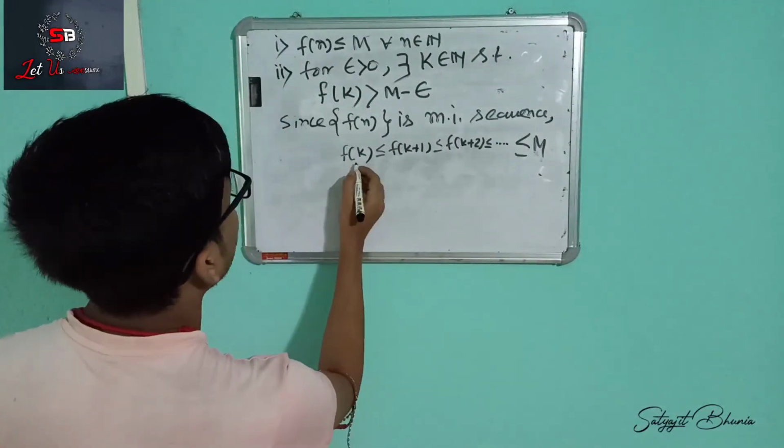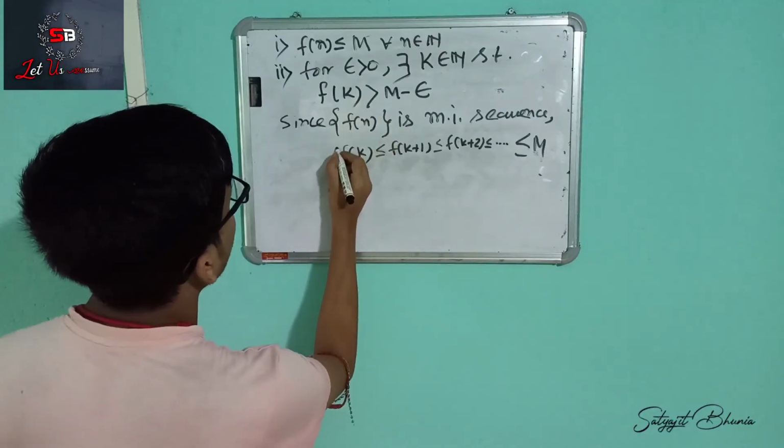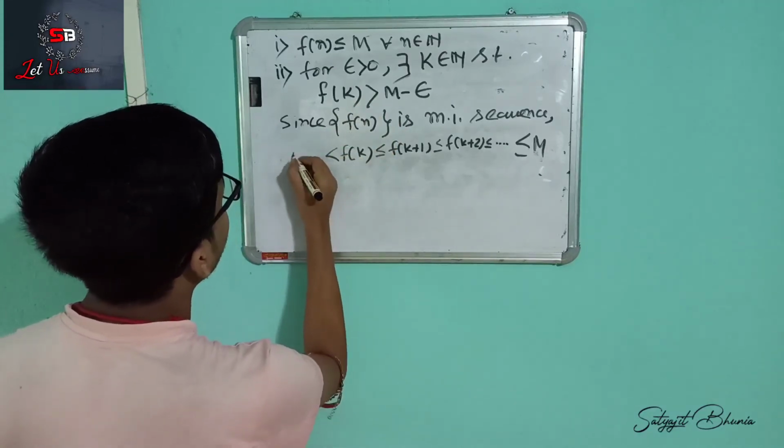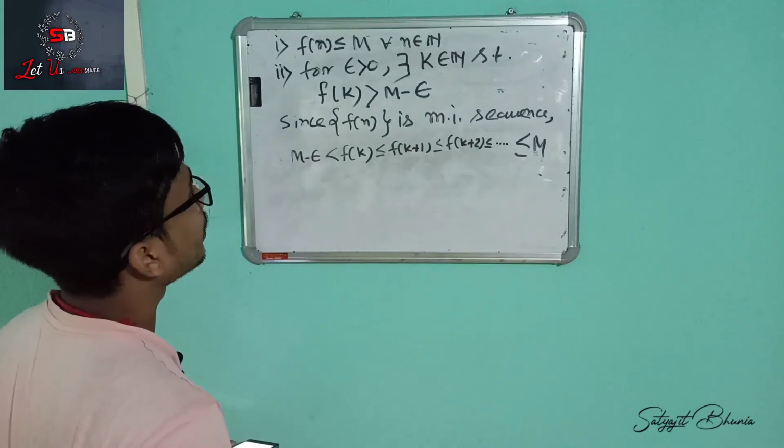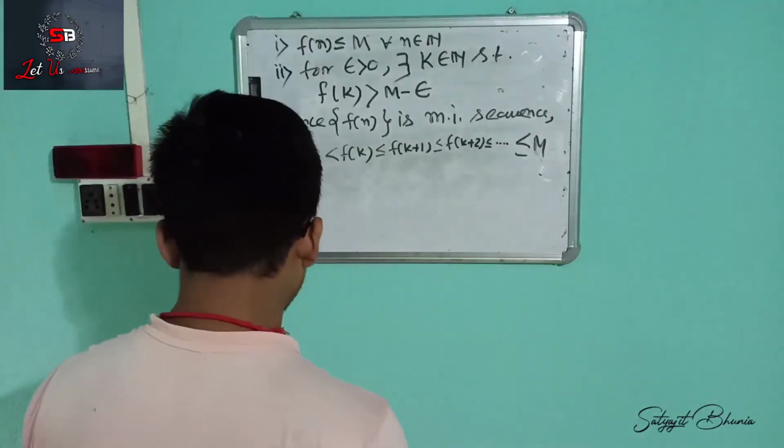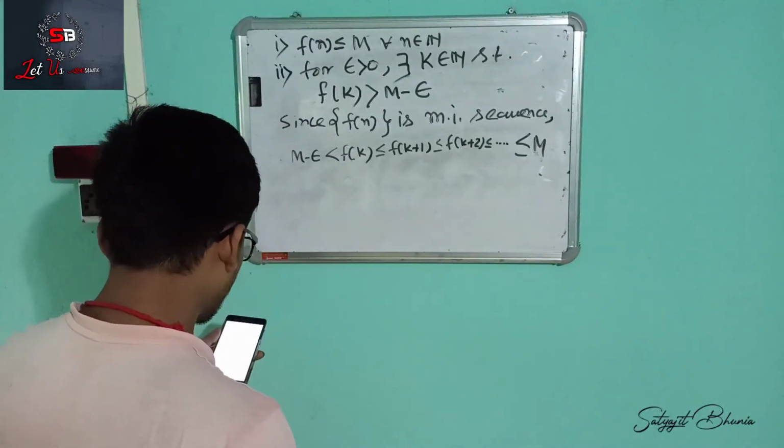And we have from condition 2 that fk is greater than M minus epsilon.